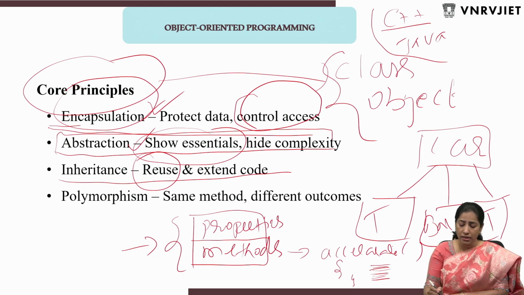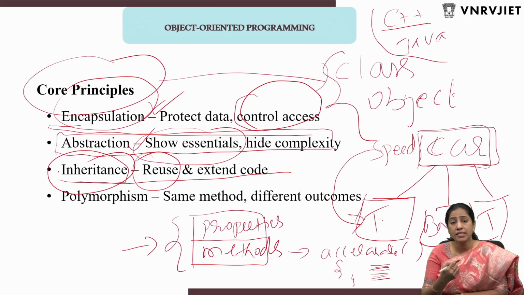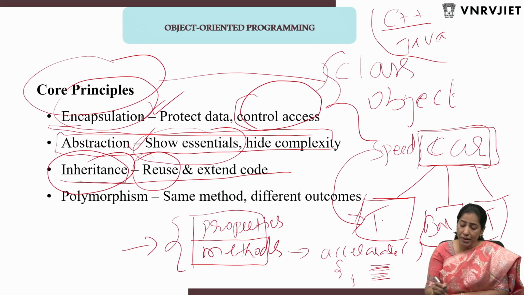Whereas in object-oriented programming, if you are creating a car class, and the car class has the property speed, then the speed property can be utilized by Toyota, BMW or Tata. How is the principle of inheritance implemented?